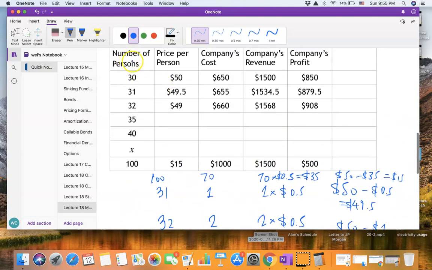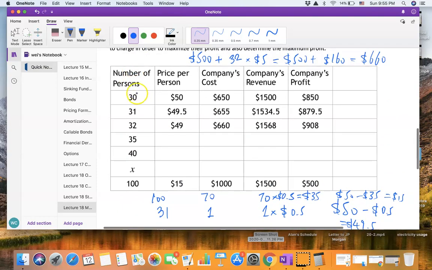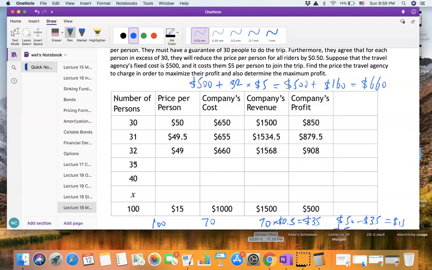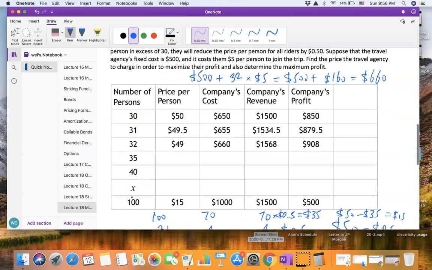Okay, if we let the number of persons be x, let's say to achieve the maximum profit, there should be x persons coming.